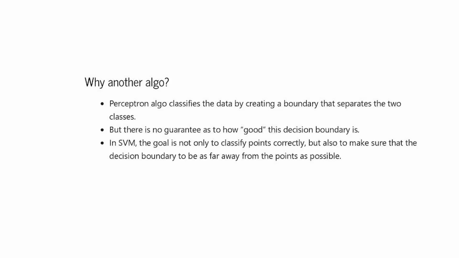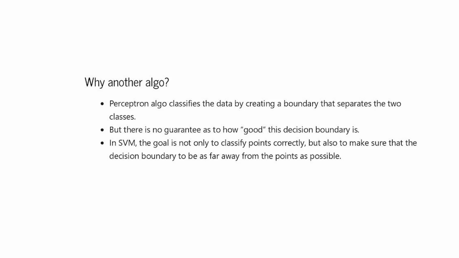The question that comes to mind is why we require another algorithm. While many algorithms can be used in a machine learning framework, each has its own advantages, disadvantages, and unique characteristics, and it's important for data scientists to understand the algorithm before applying it to solve important business problems. For example, the perceptron algorithm classifies the data by creating a boundary that separates the two classes. Linear regression tries to find a best fit line.